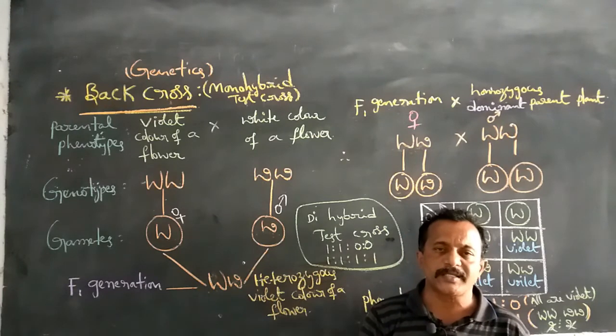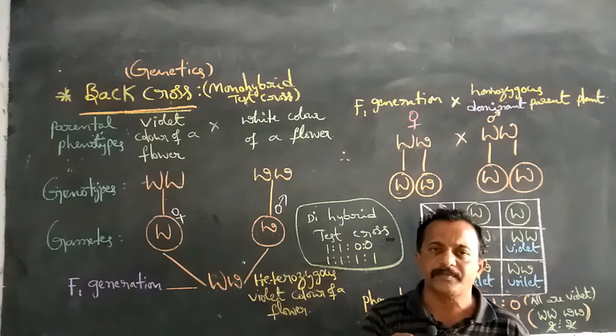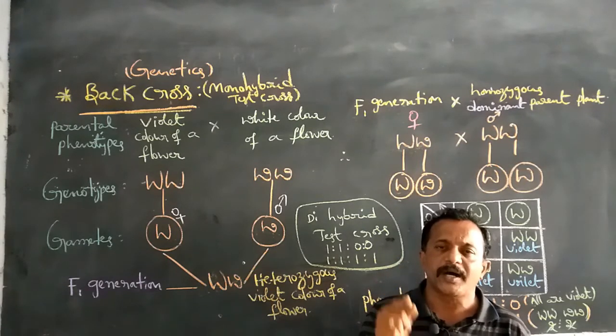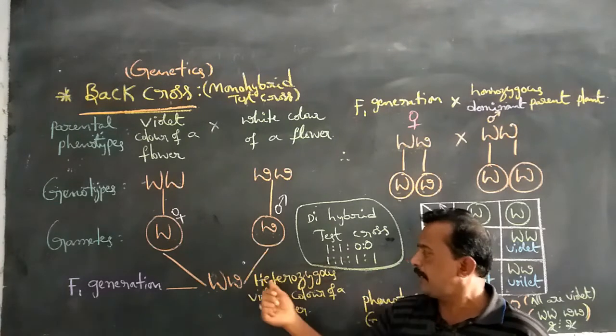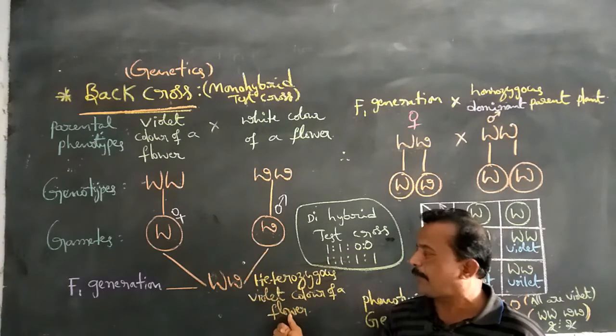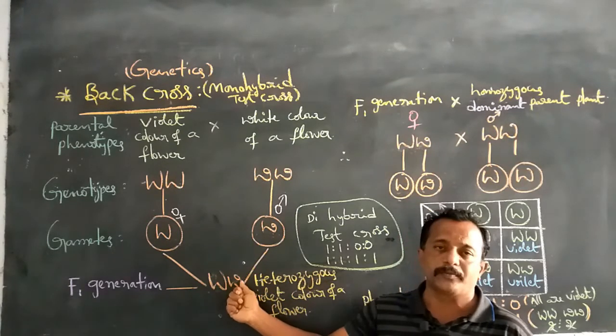In a test cross or in a back cross, the first filial generation or F1 progeny would result phenotypically in heterozygous violet color of a flower, genotypically capital W small w.